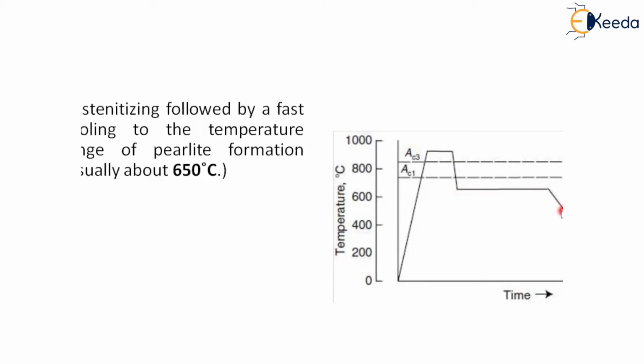After that, you can see here, this is not rapid cooling. You can take some time here. This is slow cooling to room temperature. But here, if you observe, this is the rapid cooling time.